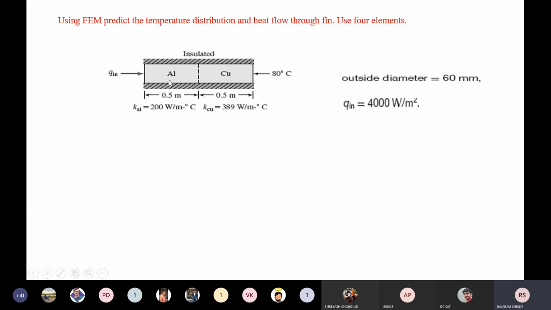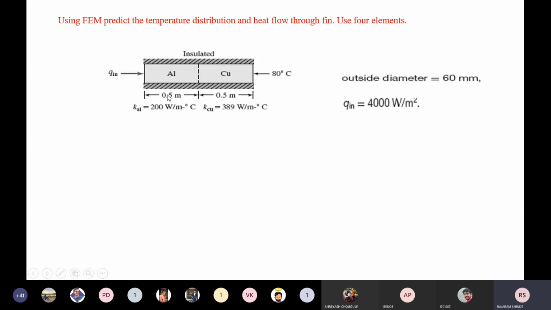Here, this is the fin of two materials and insulated around its circumference. This material is aluminum and this material is copper. Now here you have to use 2 elements for aluminum and 2 elements for copper, because in the problem it is mentioned that you have to use 4 elements.